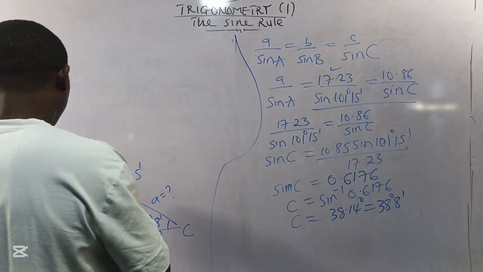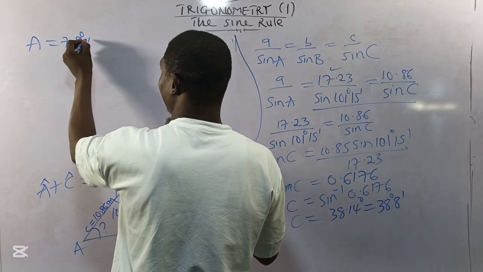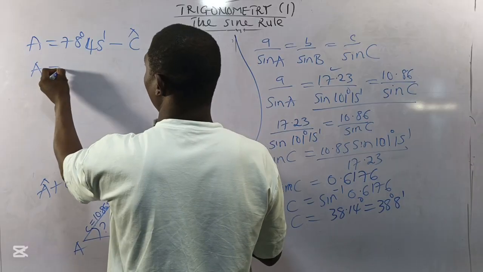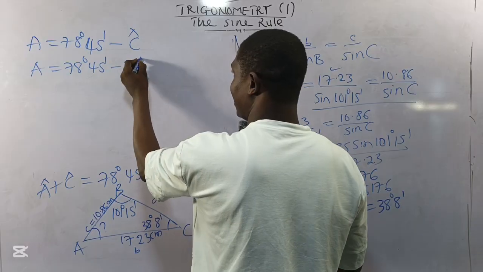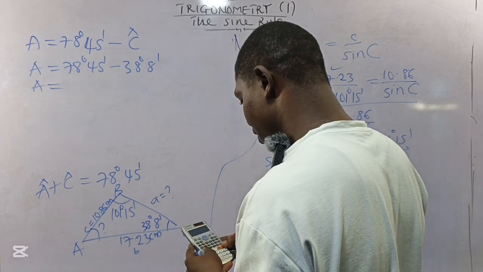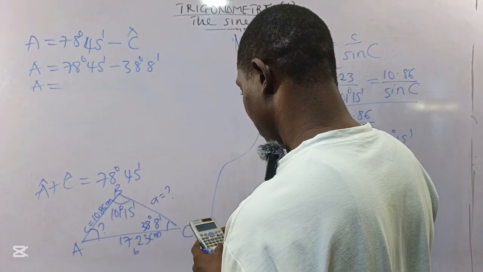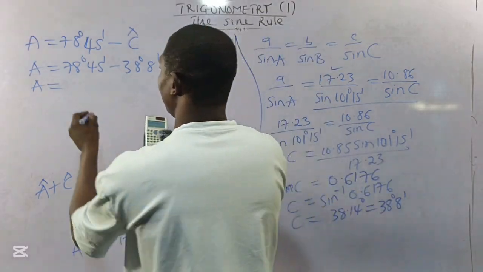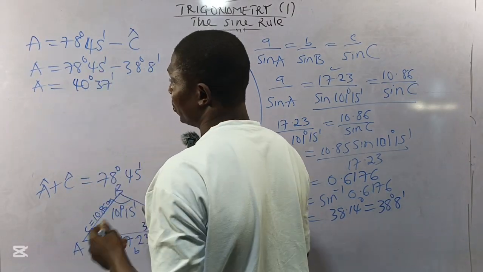From here you can see that my A equals 78 degrees 45 minutes minus angle C. So my A will be equal to 78 degrees 45 minutes minus the value of C, which is 38 degrees 8 minutes. And my angle A will be 78 degrees 45 minutes minus 38 degrees 8 minutes, giving me 40 degrees 37 minutes 0 seconds.